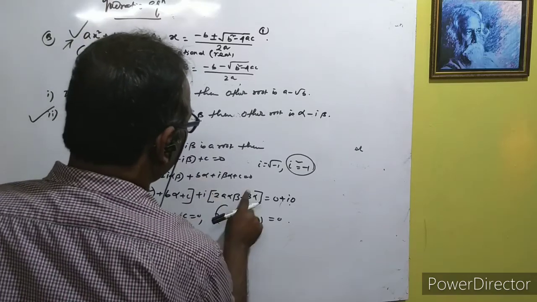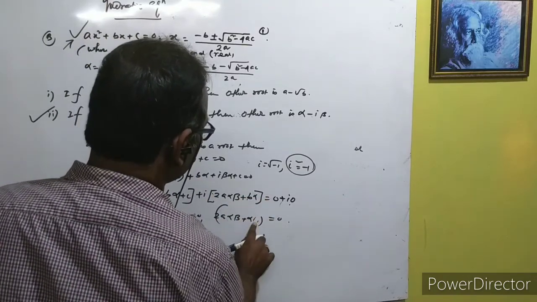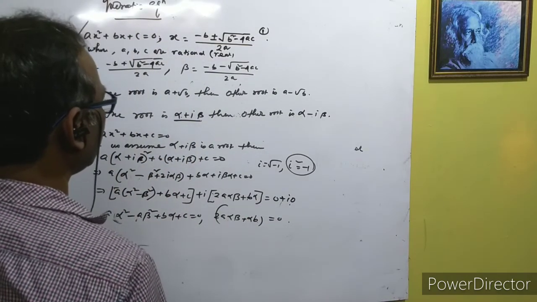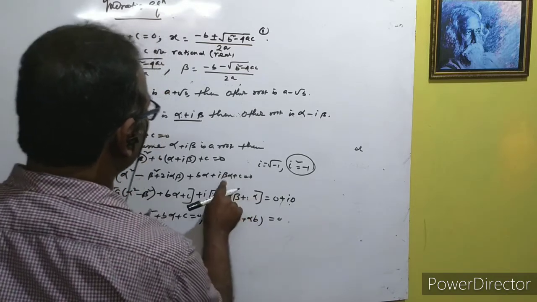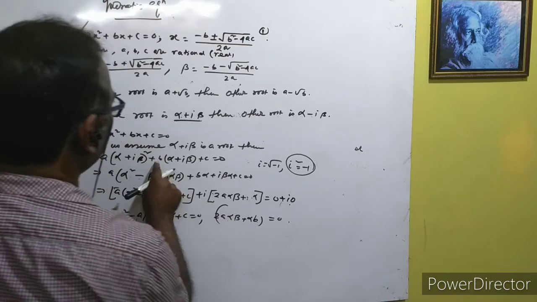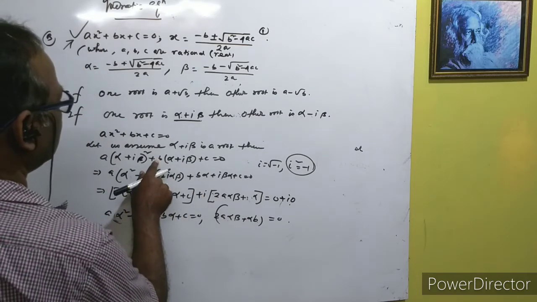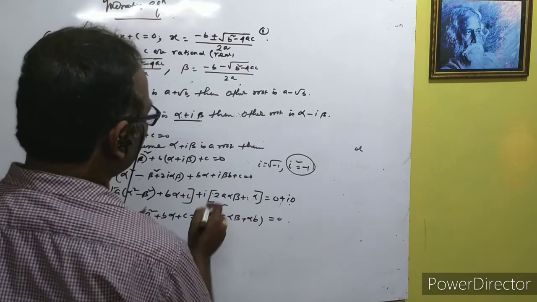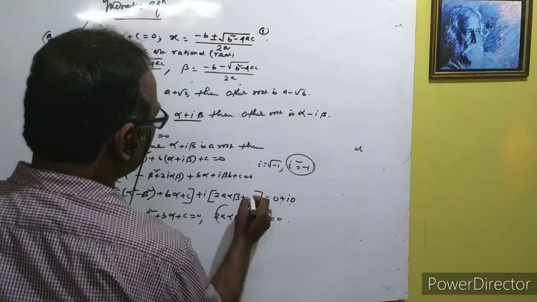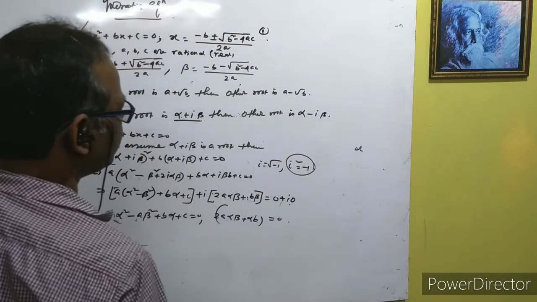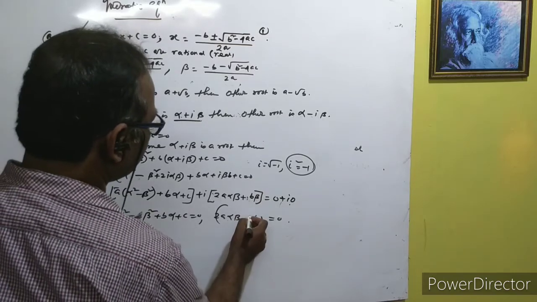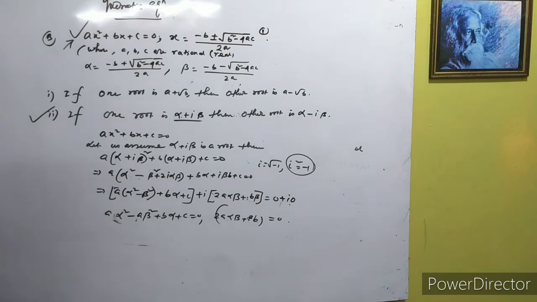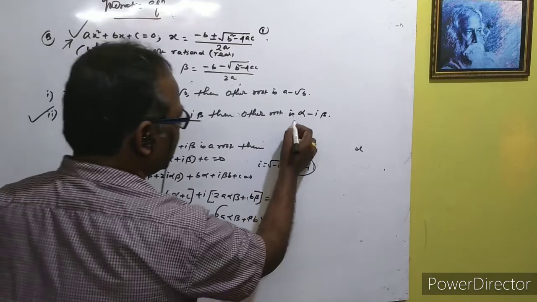Sorry, this is b alpha and b beta, not beta alpha. Now we have to show that this is the other root.